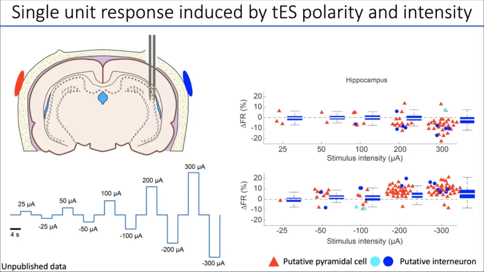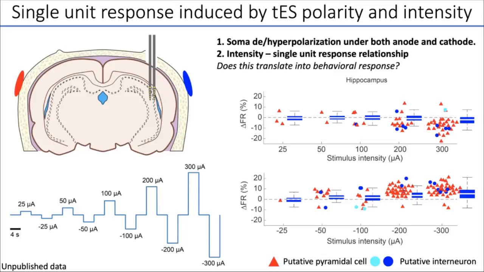The box plots show the median firing rate of the significantly modulated neurons. As you can see, the higher the stimulation intensity, the bigger the change in firing rate, and this change is reversed by polarity.